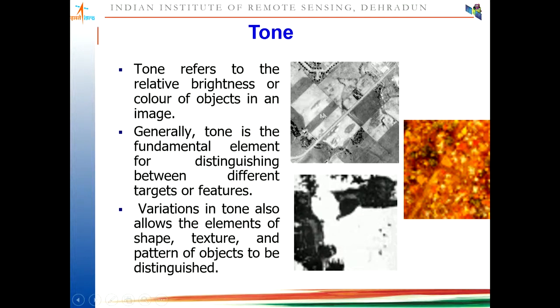So if it is dry soil, or a fallow field, then this dark field would indicate either moisture or standing crop, and changes in the gray scale would indicate similar changes in physical features. So tone is generally the fundamental element for distinguishing different targets or features.